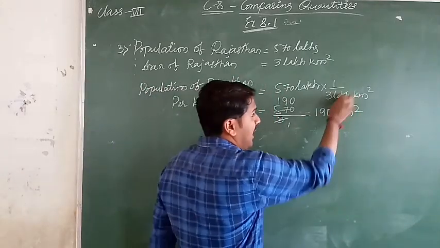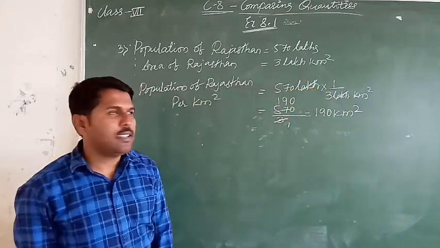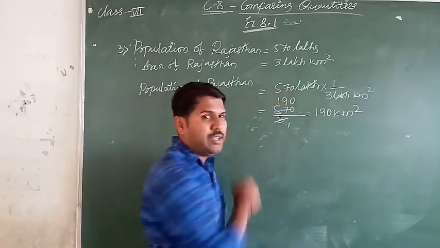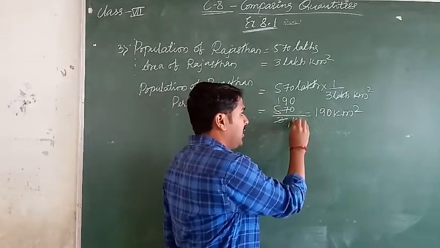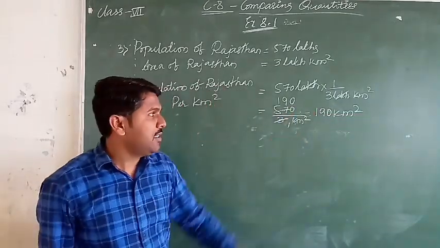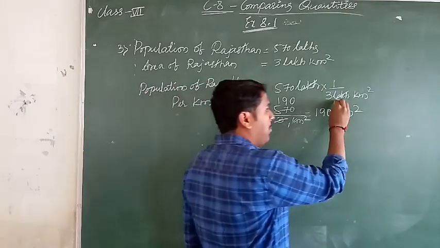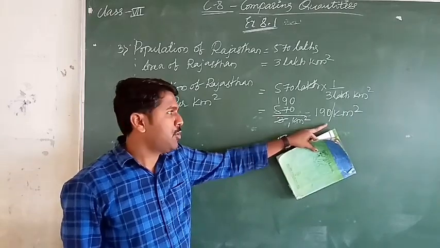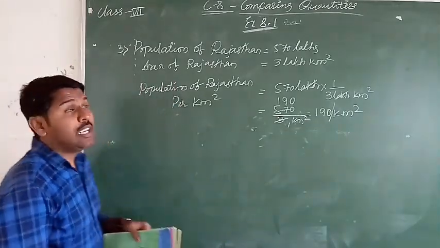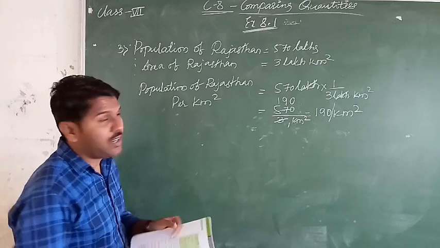Lakh gets cancelled, so the numbers remain, and kilometer square is there. So this one is per kilometer square: 190 per kilometer square. So this is the population density of Rajasthan.